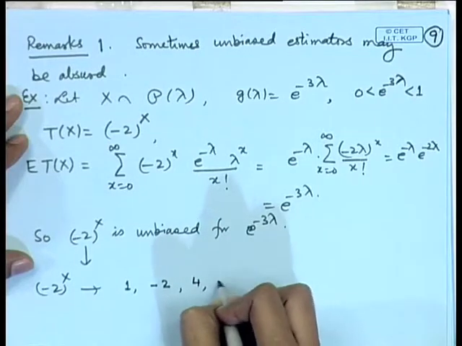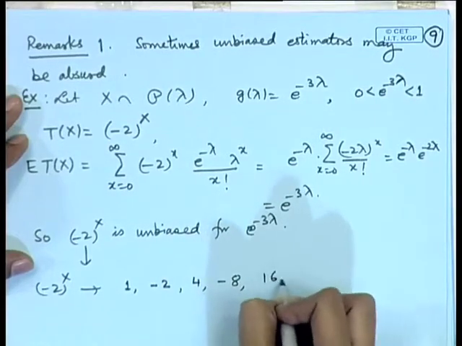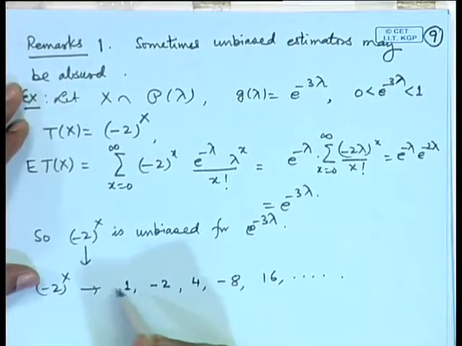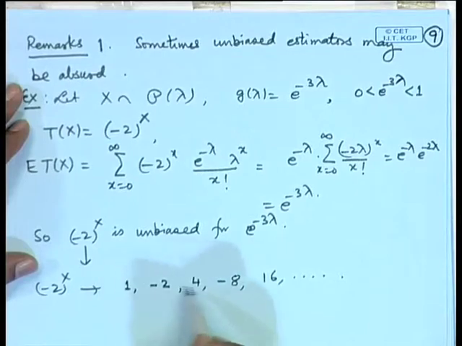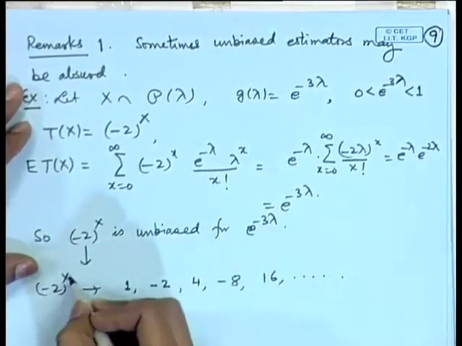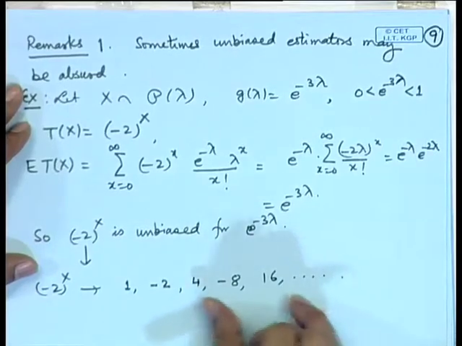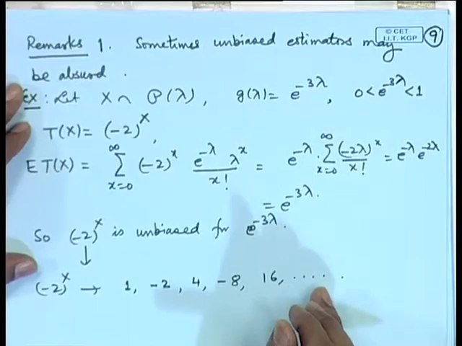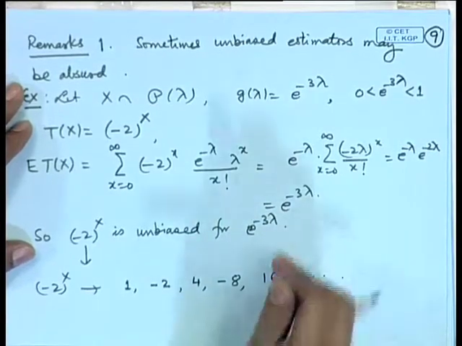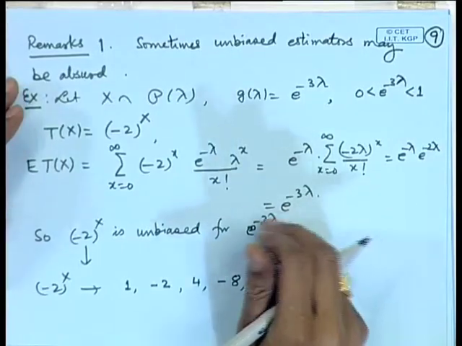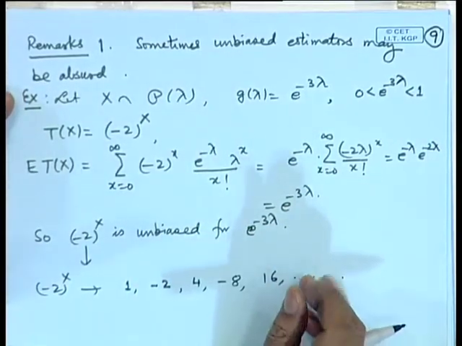If I take x equal to 3, it is minus 8, 16 and so on. Now, you notice here the values of the estimator are never in the interval 0 to 1. In fact, you can see that as x becomes large, the values are progressively increasing on the positive and the negative side, whereas my estimand is between 0 and 1. So, this is an absurd type of situation.